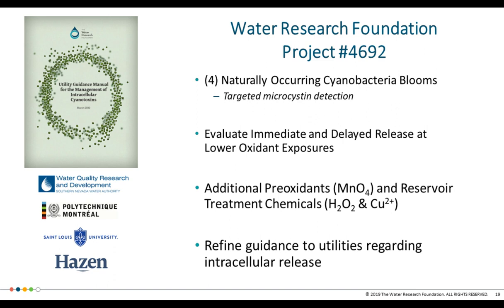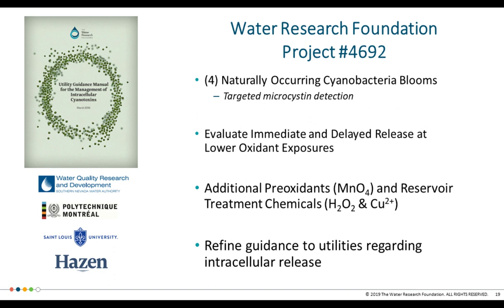We included some additional treatment chemicals, for example, permanganate, as well as reservoir treatment chemicals, hydrogen peroxide, and copper sulfate. And lastly, we were able to produce some preliminary guidance regarding the treatment conditions needed to promote release and subsequent oxidation.